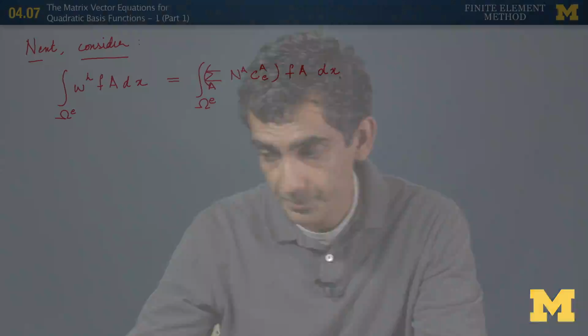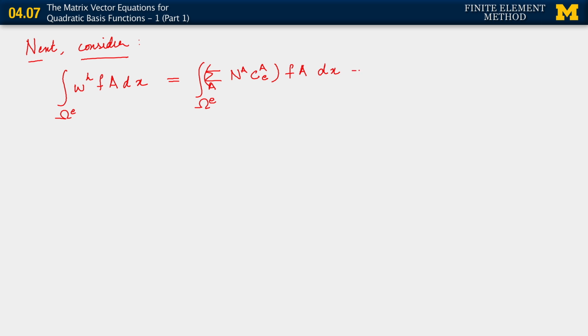Now, because we know that N_A ultimately is represented in terms of xi, that is the coordinate in the bi-unit parent domain, and because we know that we have available to us this map for the geometry, the isoparametric map, we can very well write this as an integral by changing variables, as an integral over omega xi, sum over a c_A^e.